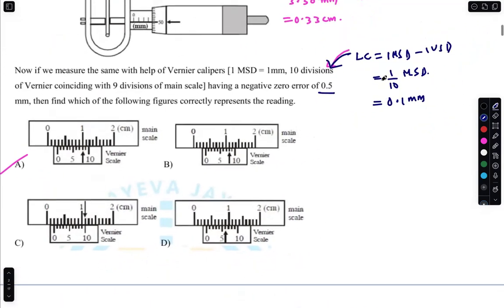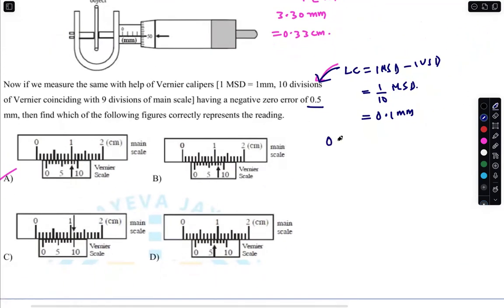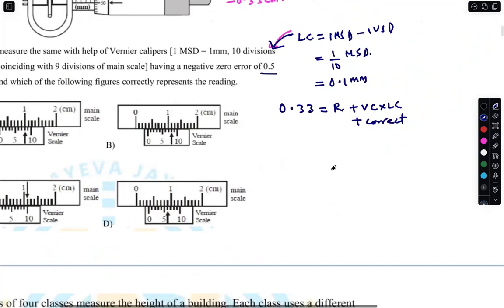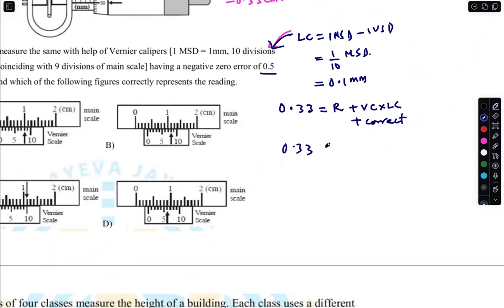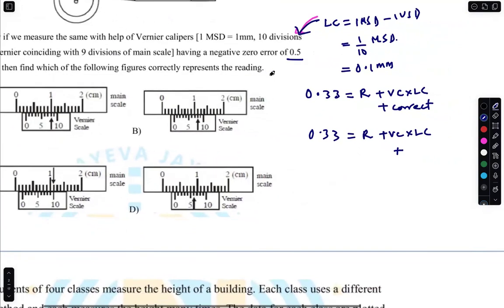Now actually, very simple. I'll equate 0.33 is equal to reading plus vernier coincidence into least count plus correction. Hold on. What is the correction? It is having a negative error of 0.5 mm, which means you need to convert this into centimeters.